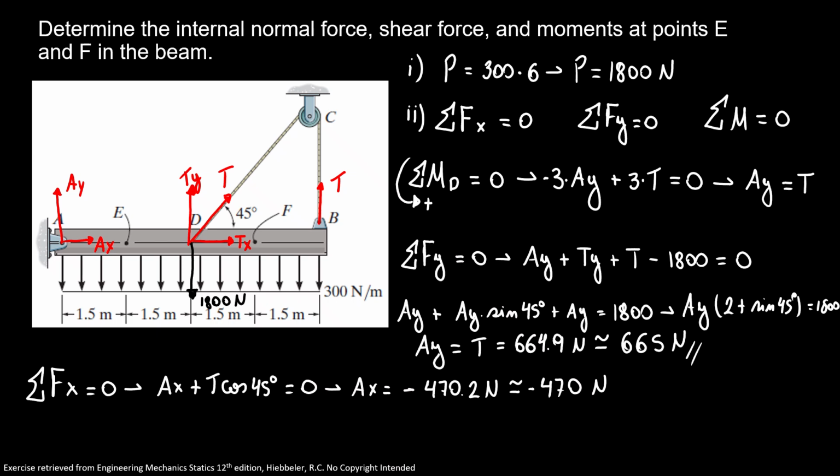Now that we found our external forces, we're going to do our section cut at point E. So here we did our section cut. Remember that we have a normal force at E, a shear force at E, and a moment going that way, moment at E. Here we have our external forces AY, and I'm going to change the direction here for our AX.